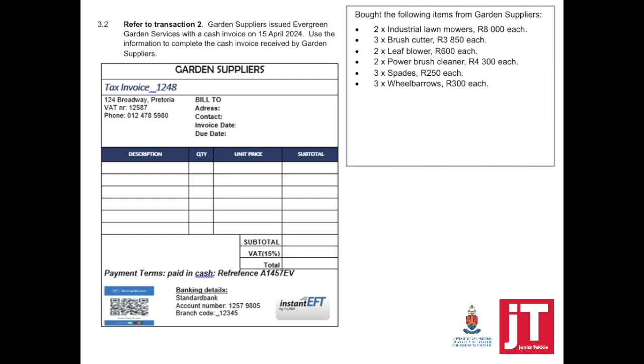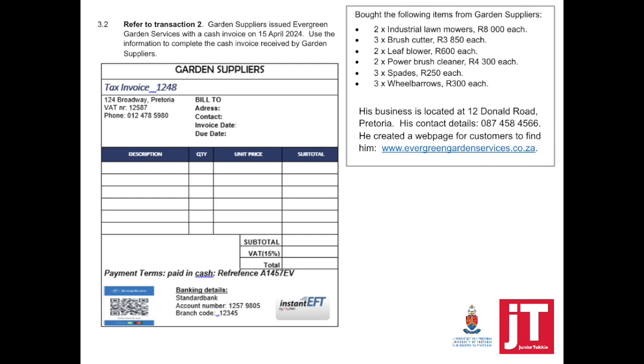So that's what we're going to practice now by looking at how do we complete a cash invoice. So we start with, remember, there's a reason why they gave you the details. They said our business name is Garden Evergreen Services.